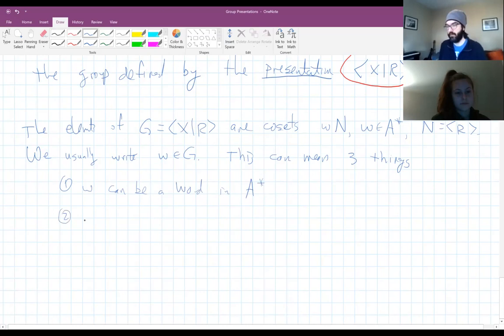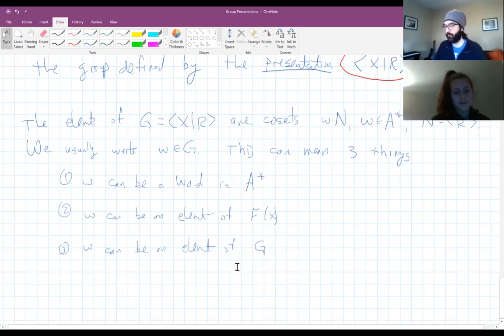Two, w can be an element of F. Three, w can be an element of G. So just pay attention to context.